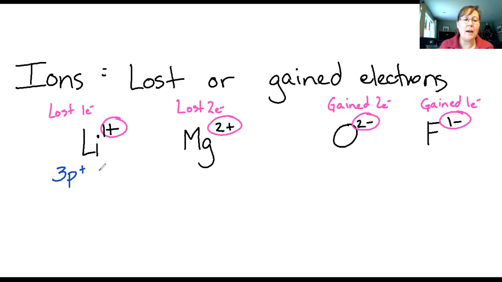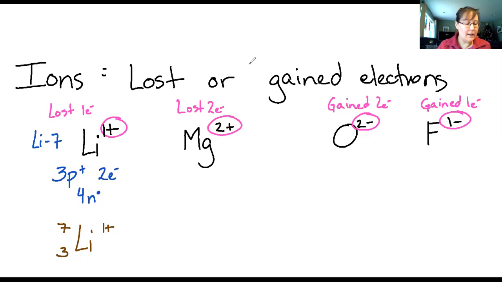So that means that we have 2 electrons. And let's say that this comes from lithium 7. If this is lithium 7, then that means that we have 4 neutrons. And we could create a symbol that looks like this: Li, 1 plus, and a 7, and a 3.